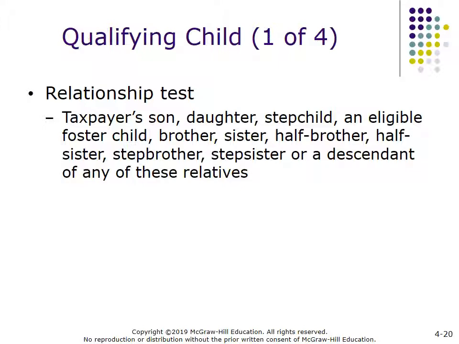So it could be a niece or a nephew, a grandchild, grandson, granddaughter. But that's it. And furthermore, if it's a brother-sister relationship, the taxpayer must be older than the dependent. The only time the taxpayer can be younger is if the potential dependent is totally disabled.